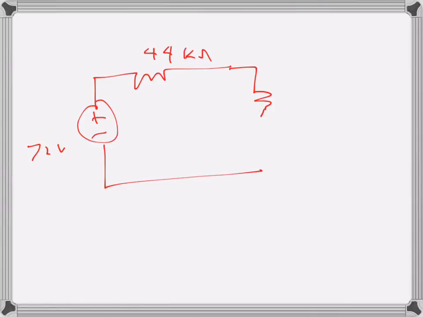So we have now the circuit like this, 72 volts, 44 kilo ohms, and here is our resistance, which is 2 kilo ohms. Now I am connecting the resistance, and I have an ammeter which also has an internal resistance. Let's draw it like that, of 0.5 kilo ohms.